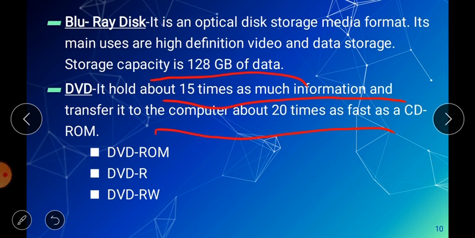Means the storage capacity and the transfer of the data are both at a higher rate than the CD. In a similar way to the CD, which is available in three forms, the DVD is also available in the same forms. First one is DVD-ROM, again read-only memory, then write, then RW.